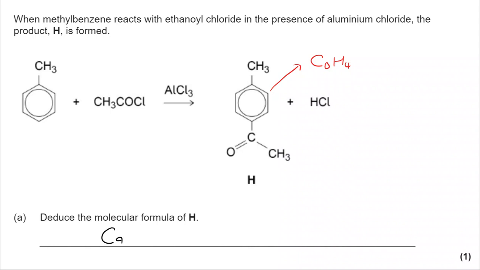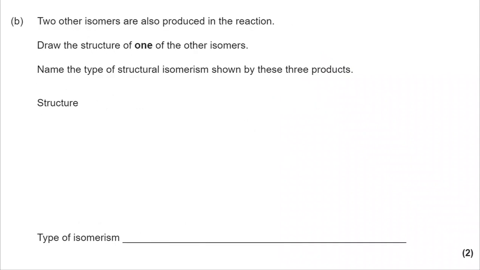Now, from there, I can work my way through the H's. So I've got 3 plus the 4, and then 3, 7, 10. And I have got 1 oxygen within there, which is down here. So I get C9H10O.